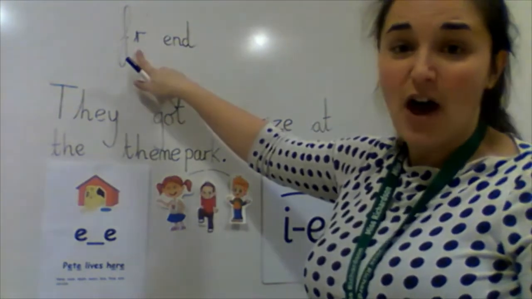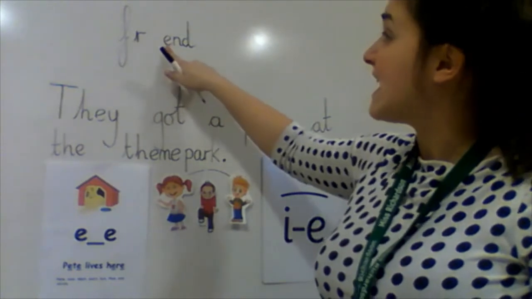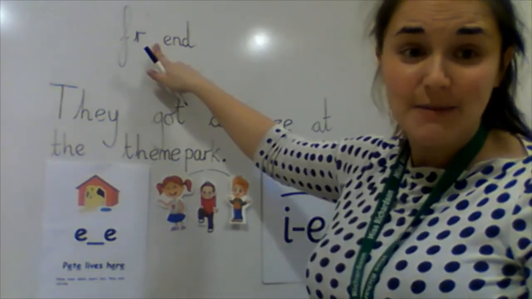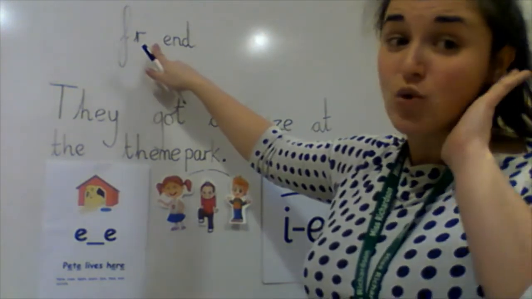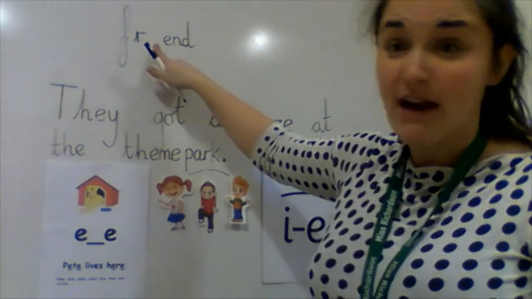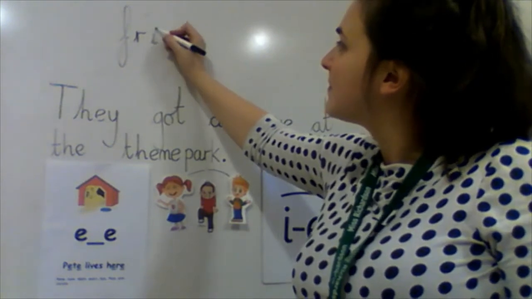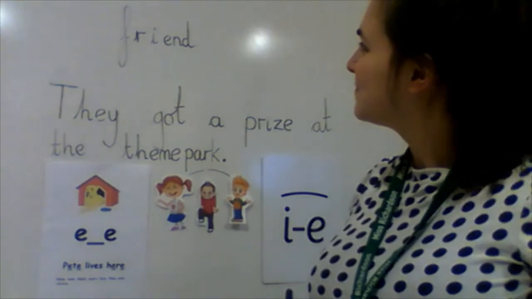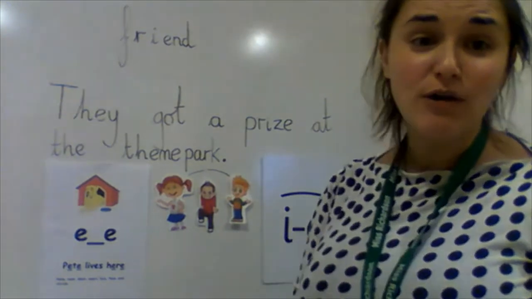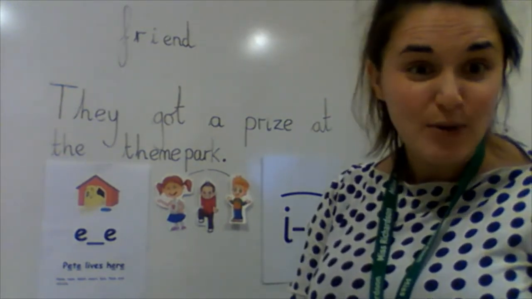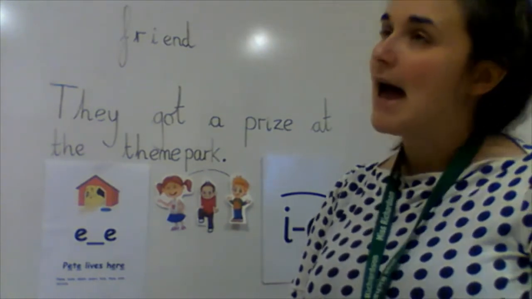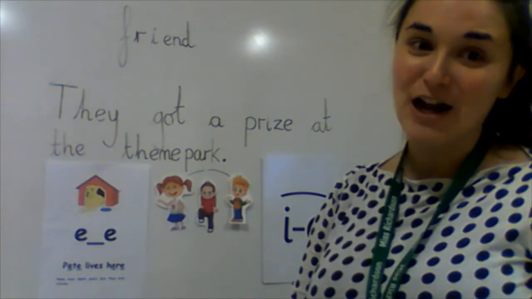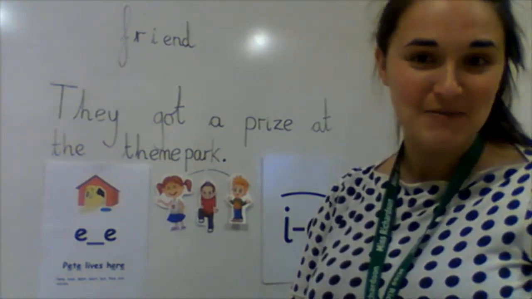I can hear the fr and I can hear the end. But it's tricky because there's a letter missing. There's a letter that you can't hear, but you have to write down. It's a little I in the word friend. Friend. See if you can write it down at home and then put it in a sentence. I might say, my best friend loves to play noughts and crosses. What could you say?